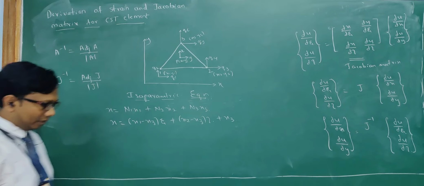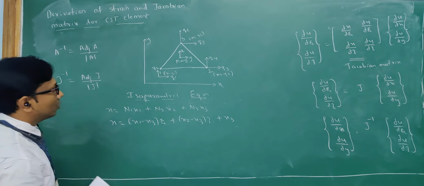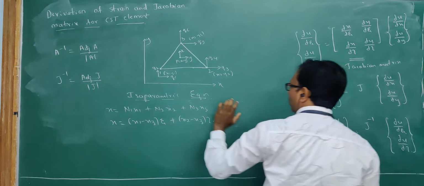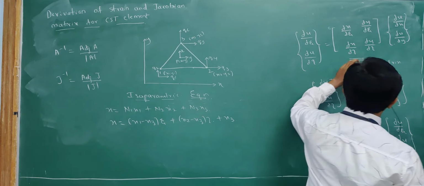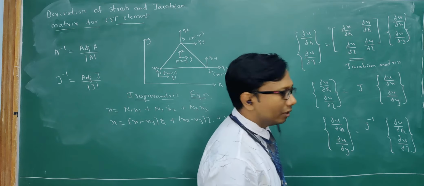This is the x value. So first you have to find J, then go for adjoint J, then write the determinant J.